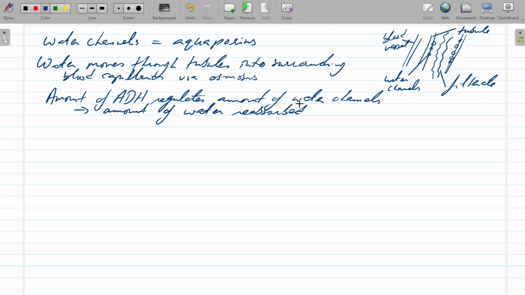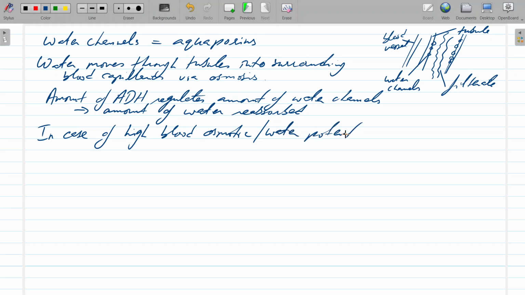Now, if the water potential of the blood is sufficient or if it's high, let's say high blood water potential, that means you've got more water than you want.